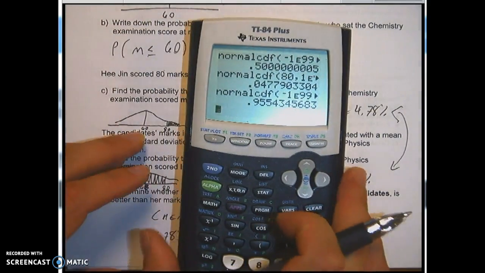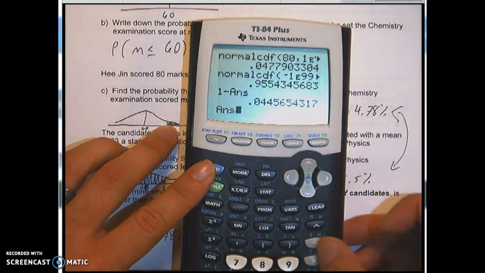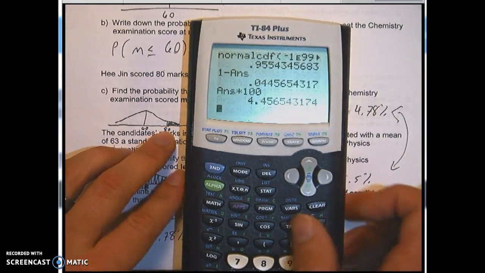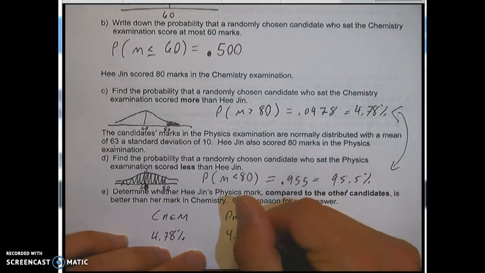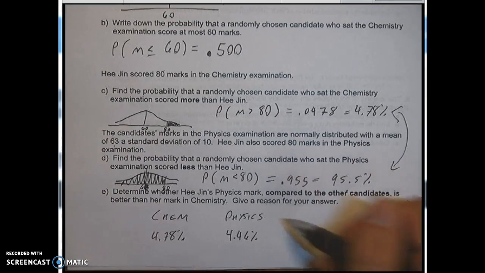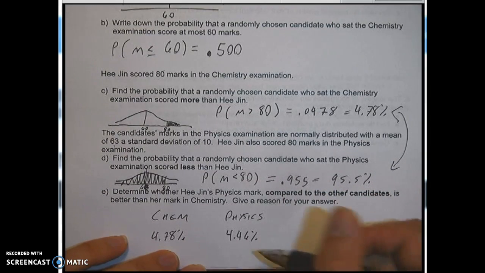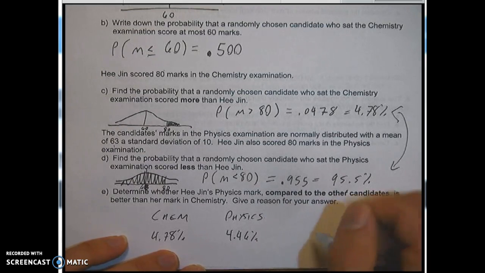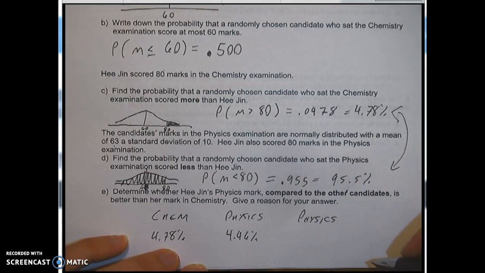So if I subtract that from 1, multiply it by 100, that means that only 4.46% of students scored better than her on physics, which means that physics is the better score because fewer people were able to get a better score than her. So physics was the better mark.